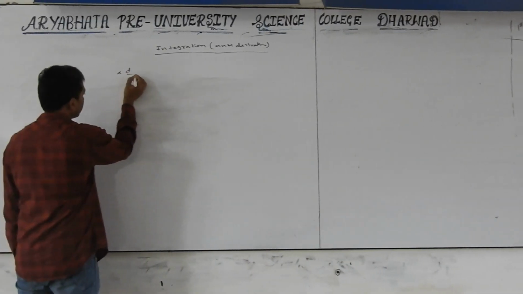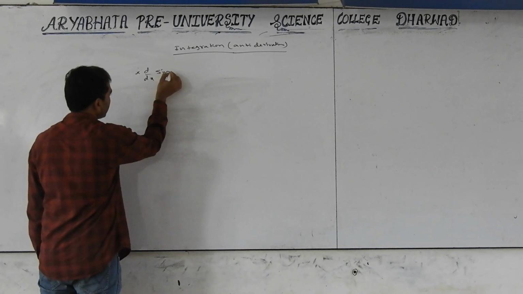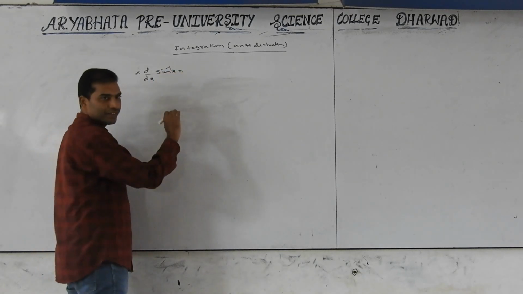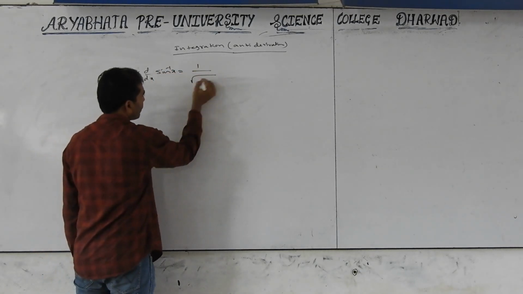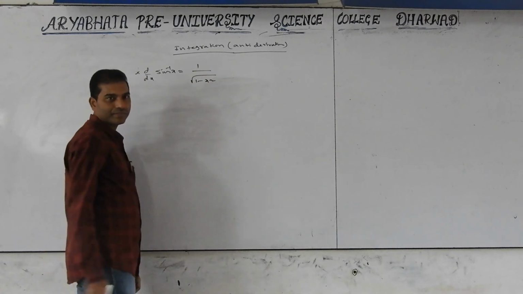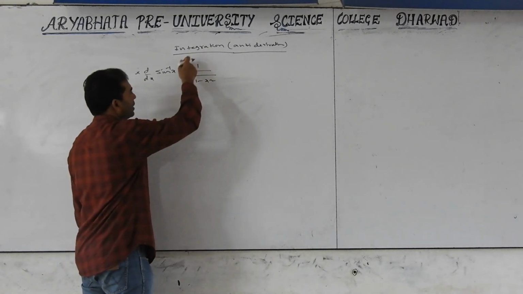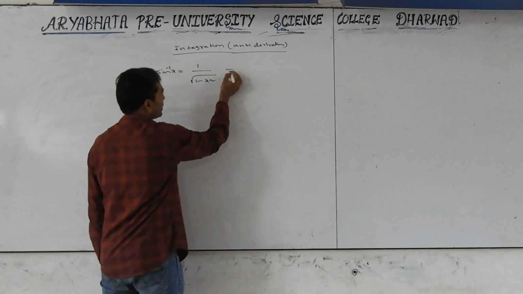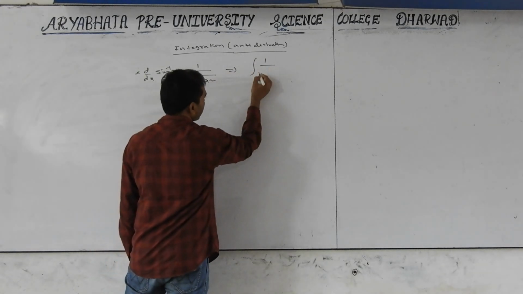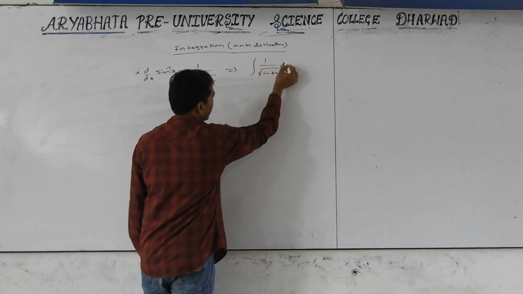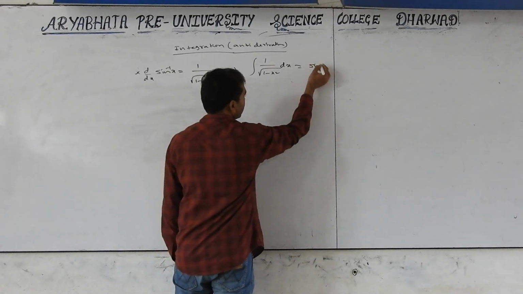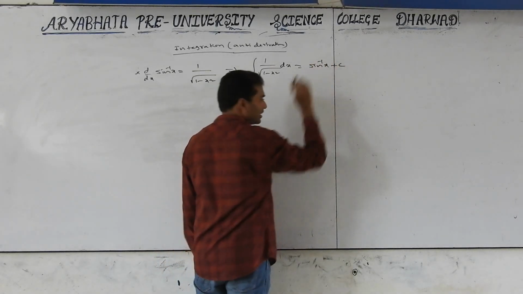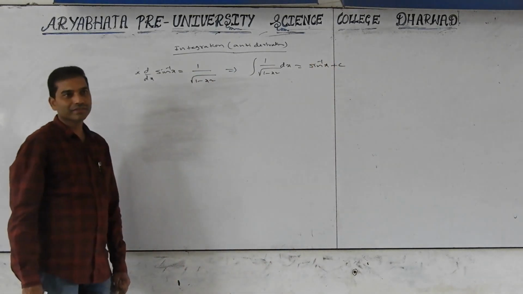Next formula, d by dx of sin inverse x is 1 by under root of 1 minus x square. Then integration of 1 by root of 1 minus x square dx equals sin inverse x plus c. Yes.